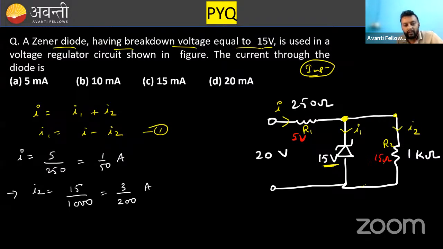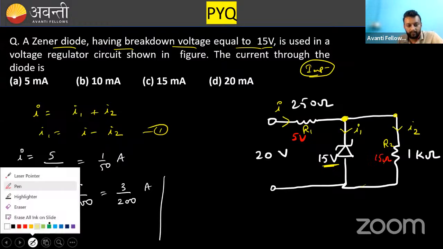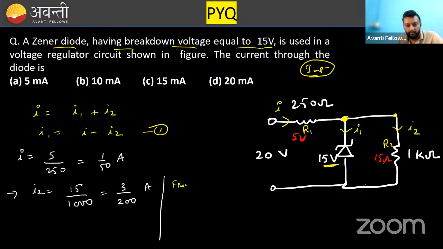Now put this value in equation 1. I1 will be 1 by 50 minus 3 by 200. Can anyone tell me the answer after solving this? You should be quicker than me in solving this equation.